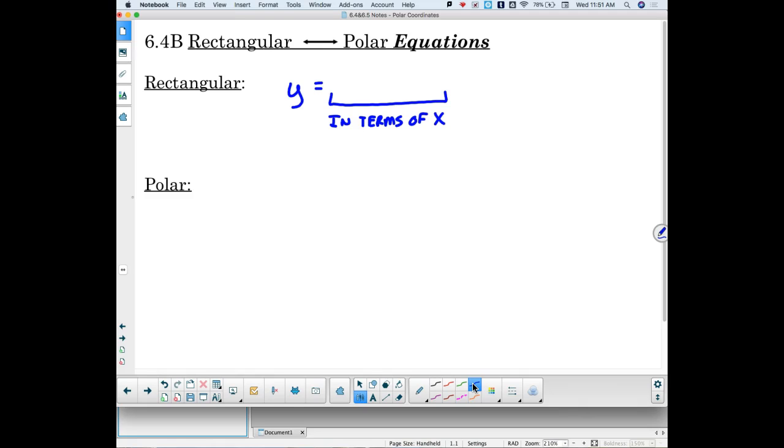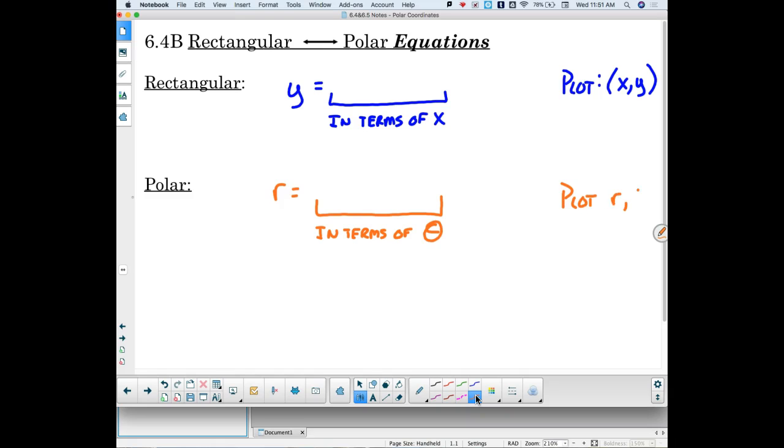When you go to graph that, you're going to plot points in x, comma, y form. An equation in polar form is going to be r equals something, and that something is going to be in terms of theta. And when you go and plot something, you're going to plot r, comma, theta.